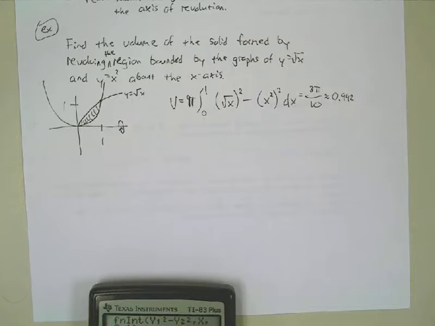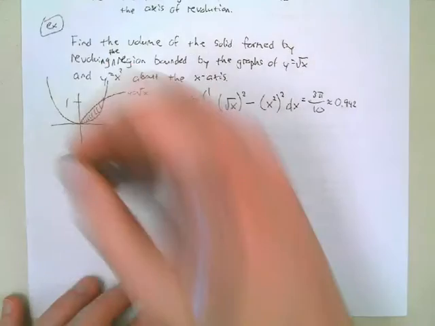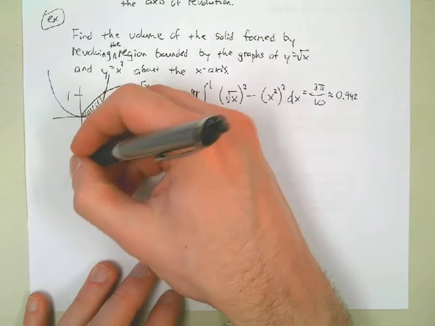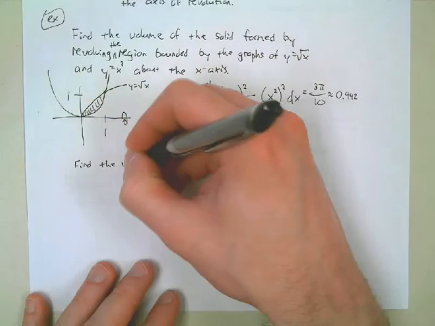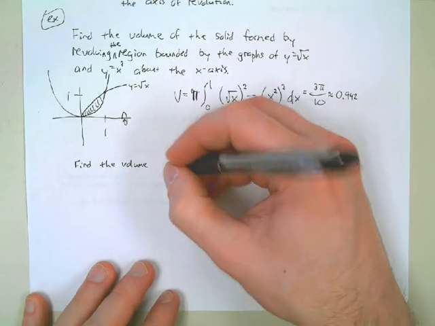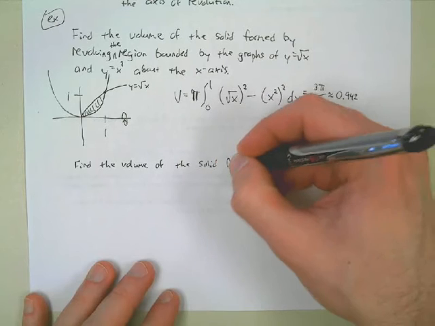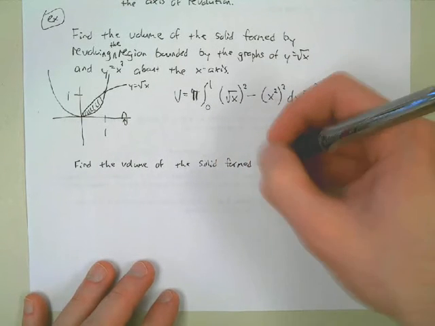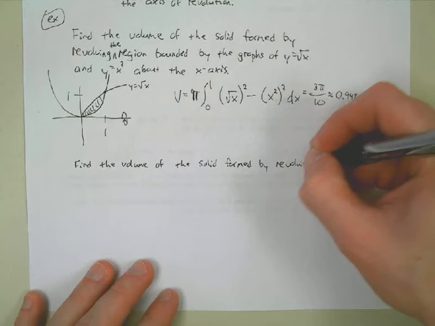Okay, let's try another one here. Let's try one with respect to y. Find the volume of the solid formed by revolving the region. It's like all these problems start the same way, and I apologize. Math is dry enough without having to write the same exact directions over and over again.